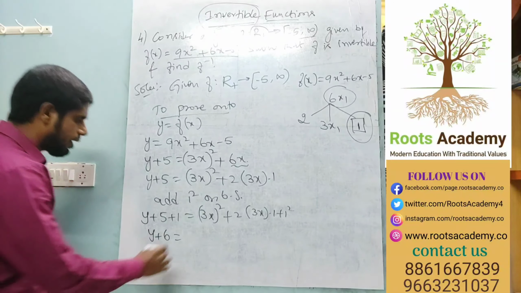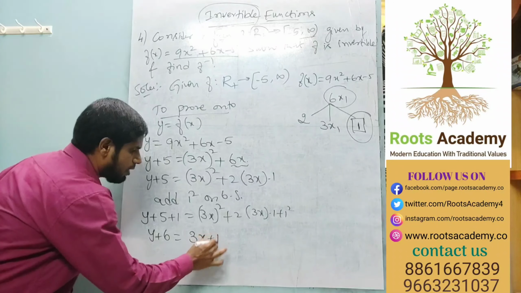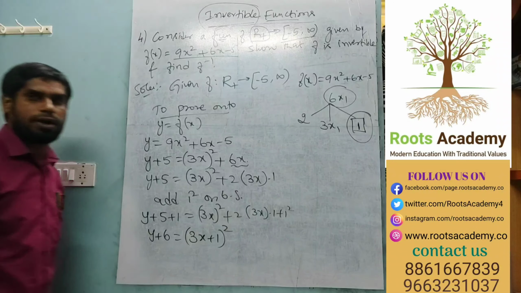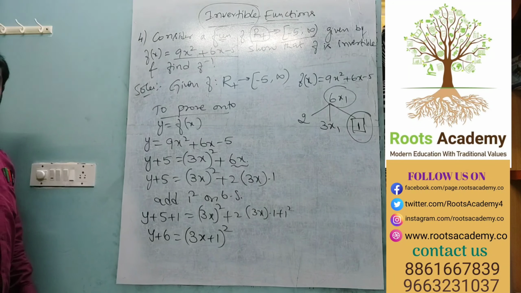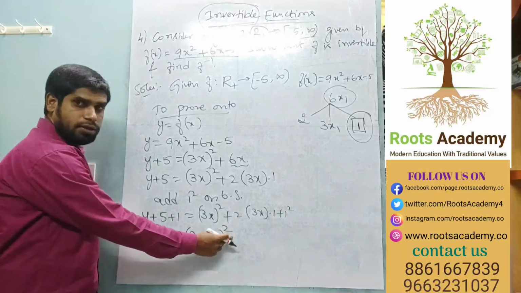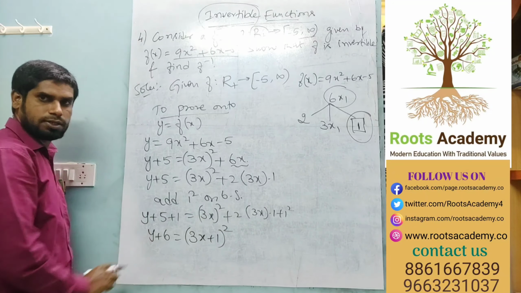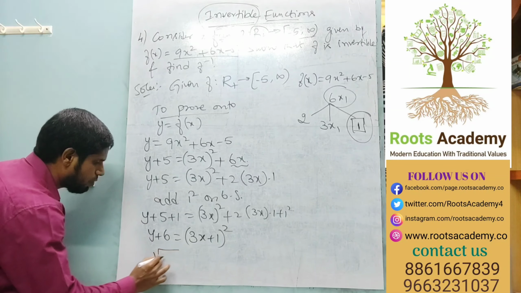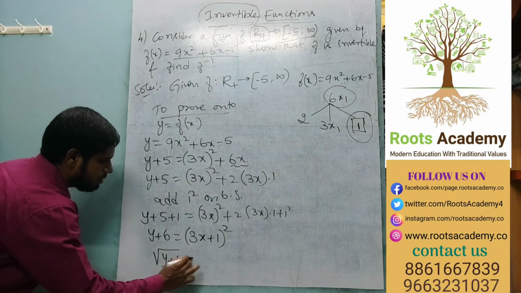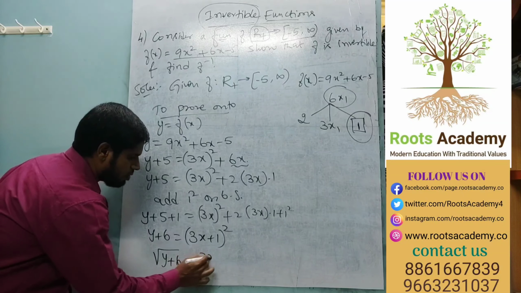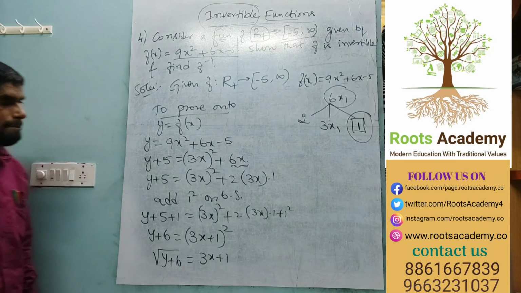So this can be written as a plus b whole square. Now there is this square here, so this square I will shift to the other side, so it gives root of y plus 6 is equal to 3x plus 1.